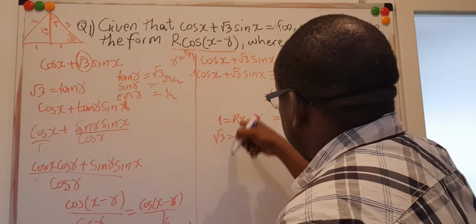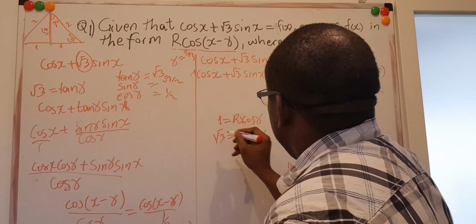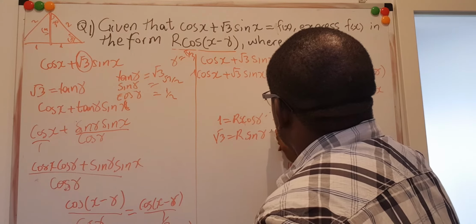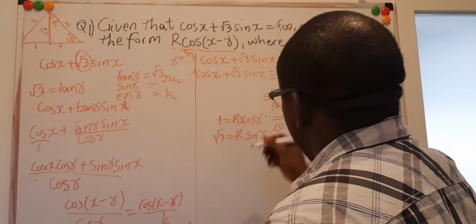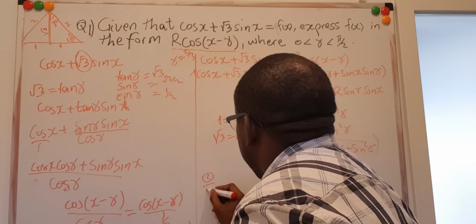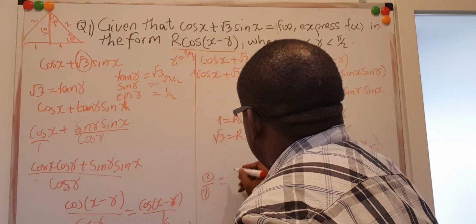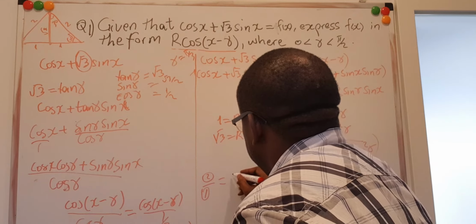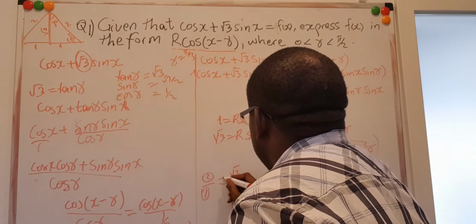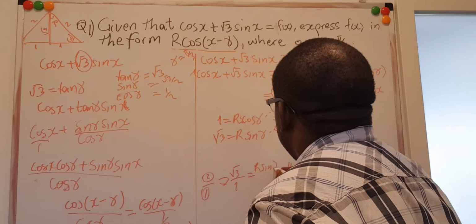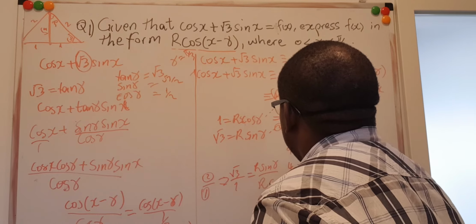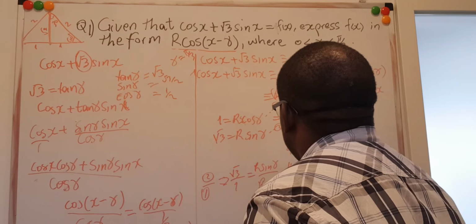From this, I can divide these two equations. If I call this 1 and this 2, I would divide equation 2 by 1. So root 3 divided by 1 is equal to r sine gamma all over r cos gamma.